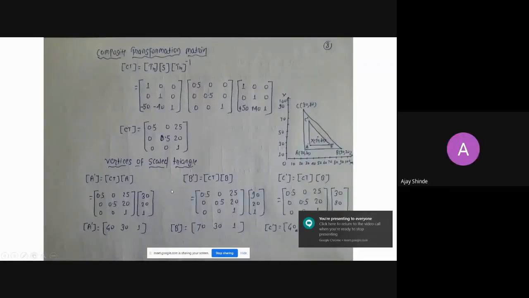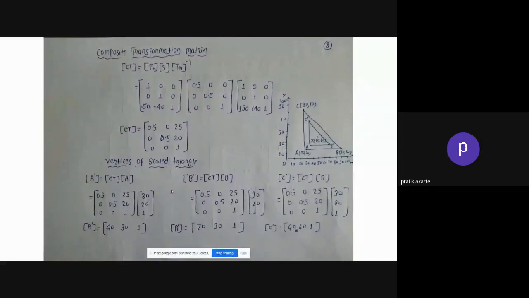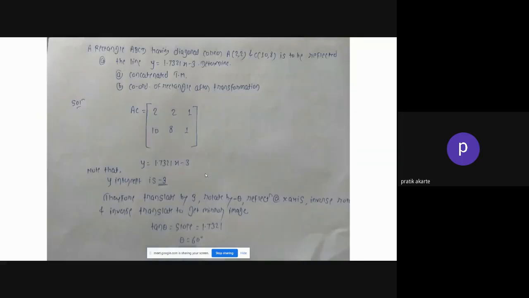Okay. So this is how we can solve this kind of problem. This is one type of problem in which you are scaling about an arbitrary point, and the previous one was reflecting about an axis. Now we'll solve one more problem, of another type.